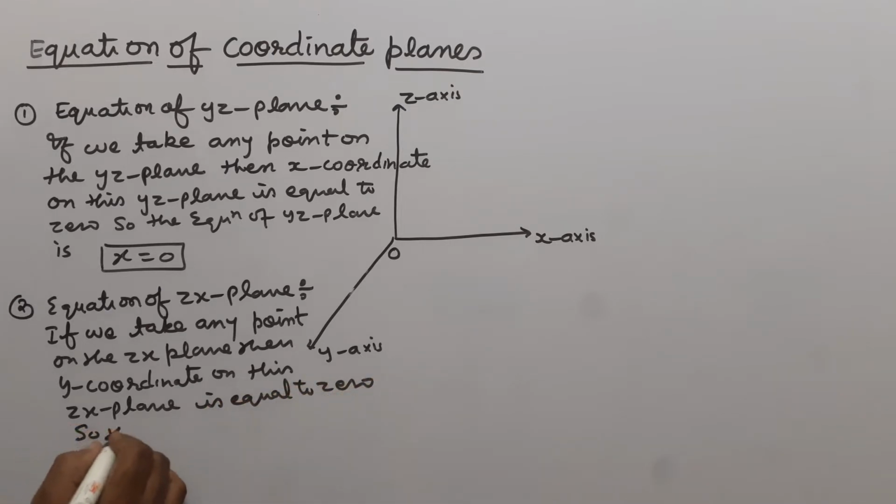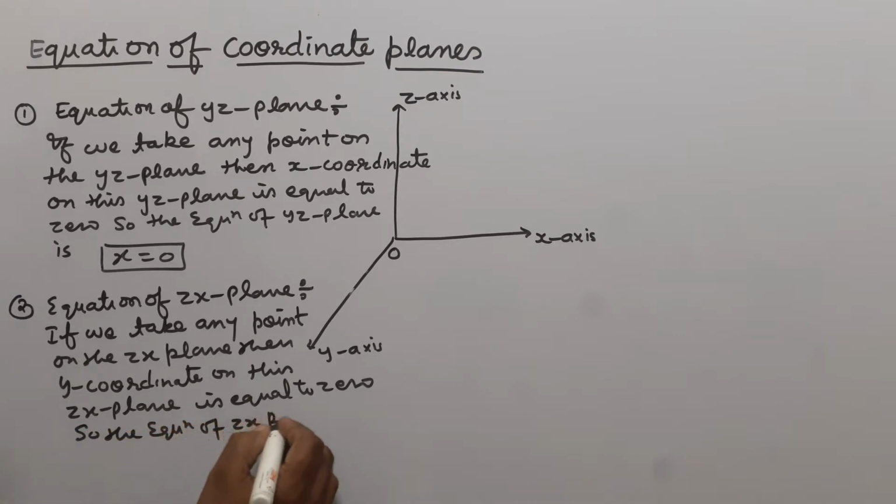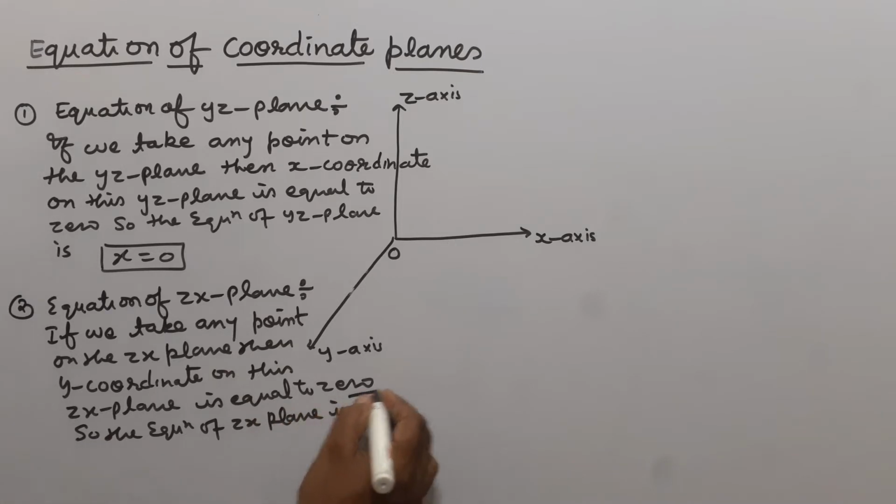So the equation of the zx plane is y equal to 0. So this is the equation of the zx plane.